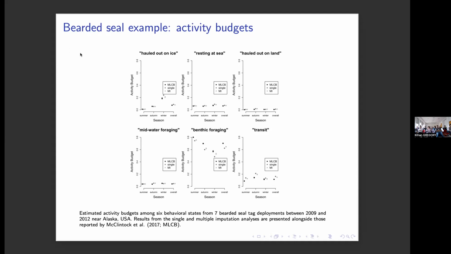And then MI is the multiple imputation. They're pretty similar. There's some little differences here and there, but the multiple imputation is more consistent with the full single stage Bayesian approach than the single approach is. So in this case, the 1 hour model did a pretty good job compared to the 3-week model.